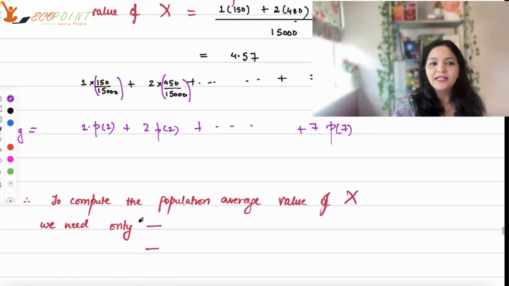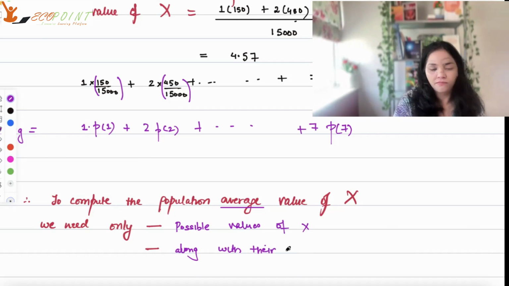What you will realize is, to compute the population average value of X, you just require two things. You need the possible values of X along with their probabilities.